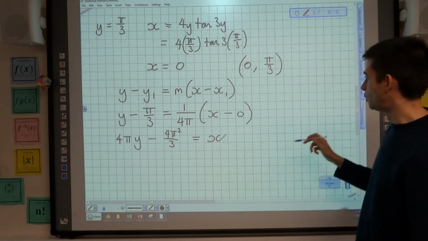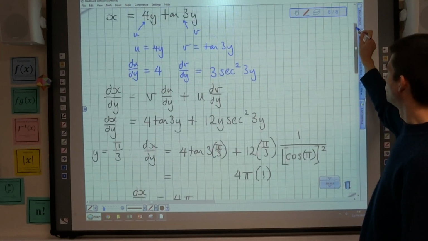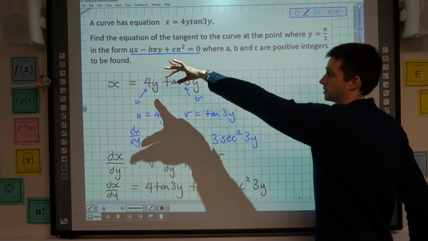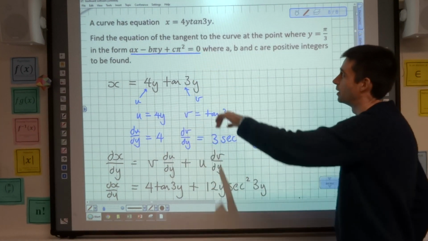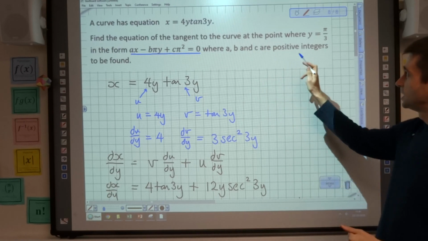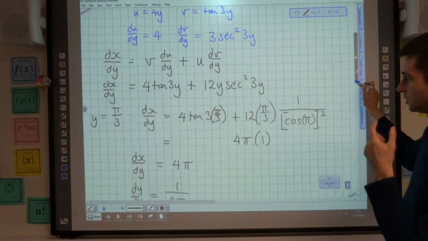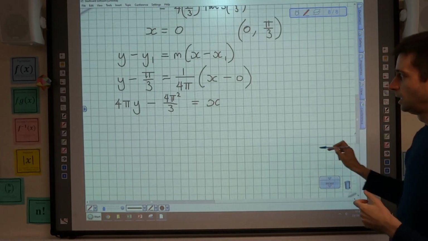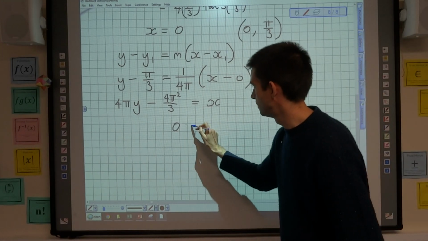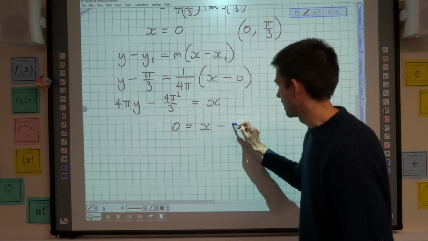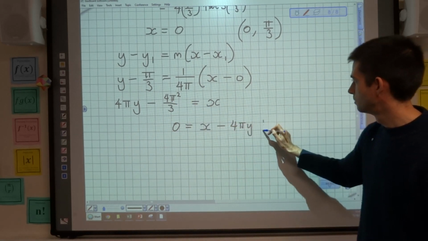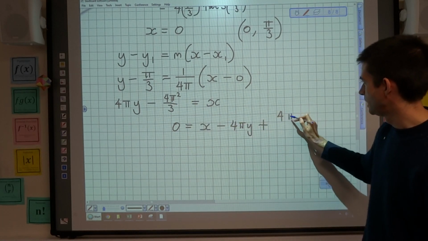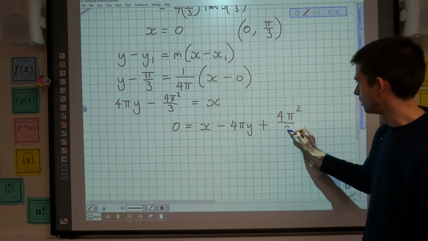Now let's just look at the form that we've been asked for. We've been asked for ax minus b pi y plus c pi squared equals 0, but crucially a, b and c are positive integers. So what I need to do is keep the x as positive, subtract the 4 pi y, this is looking good, similar form to what we've been asked for, plus 4 pi squared over 3.